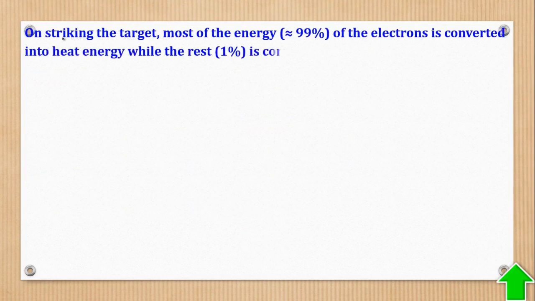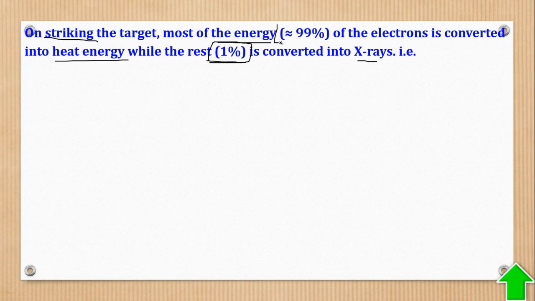Okay. So when they strike the target, like I told you, most of the energy of the electrons is converted into heat energy. That is the reason why we needed the cooling fins, while the rest is converted to X-rays. So a very small fraction or a very small percentage is what is converted into X-rays, the other is converted into heat energy.